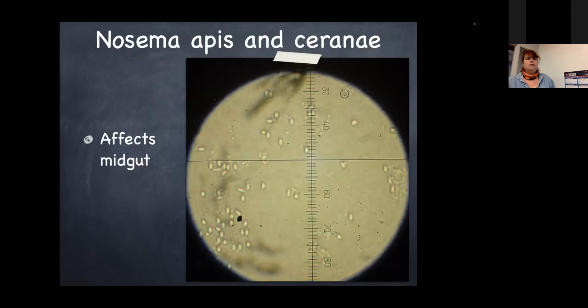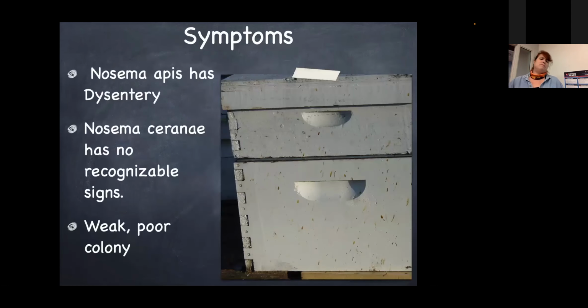So there's Nosema apis, and now there's Nosema ceranae. It gets in the mid gut of the bees, and it basically gives them dysentery. If you have Nosema apis, what you'll see is speckling on the front of your hive.